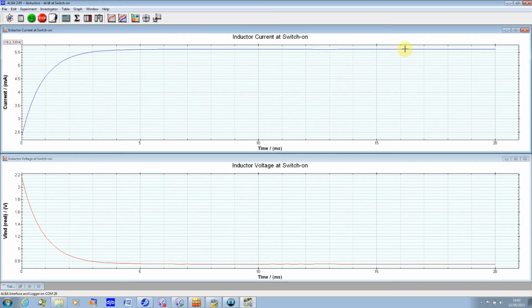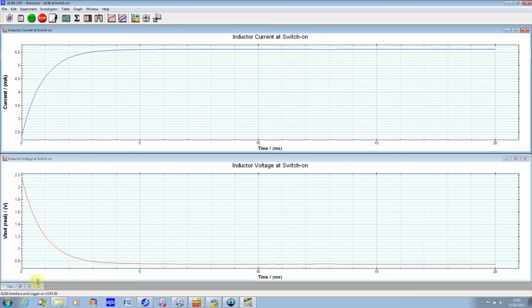The reason for that is simply that we have a real world inductor. It's not a perfect inductor. Our inductor has resistance. So we could take this current and the voltage here and calculate what that resistance is. We could then think of our inductor in two bits. One is a perfect inductor in series with a resistor.